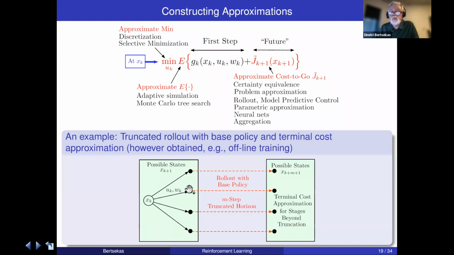And from each one of those, we run the base policy for a number of steps, m steps, or all the way to the end of the horizon. But if we don't run to the end of the horizon, we use a terminal cost function approximation for the stages beyond truncation. And then we calculate the Q factors that correspond to each of these controls, and we choose the control that has minimal Q factor.